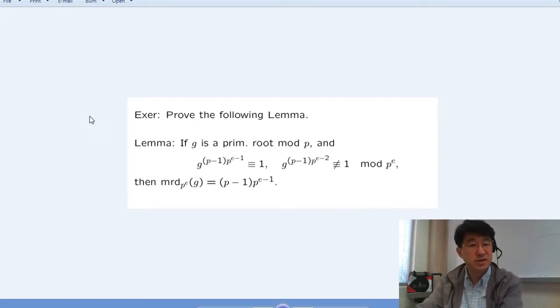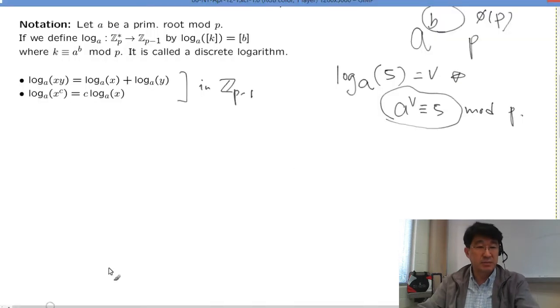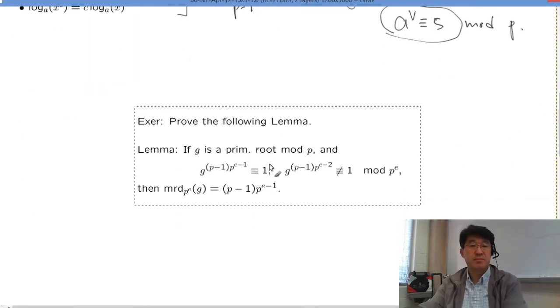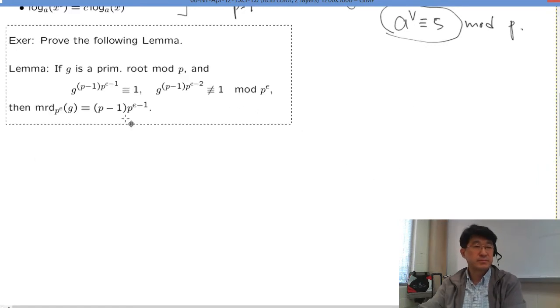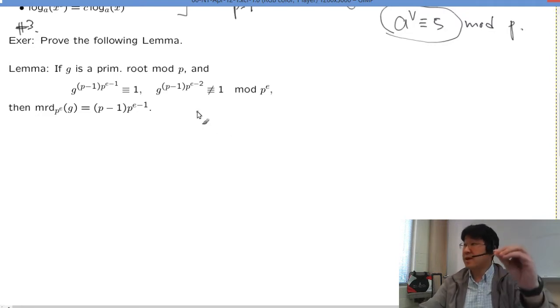So this is a bit challenging, but let me guide you a little bit at the beginning part. This is our number 3, right? All right. Okay, that takes care of one maximal divisor. Would you agree? One maximal divisor taken care of.